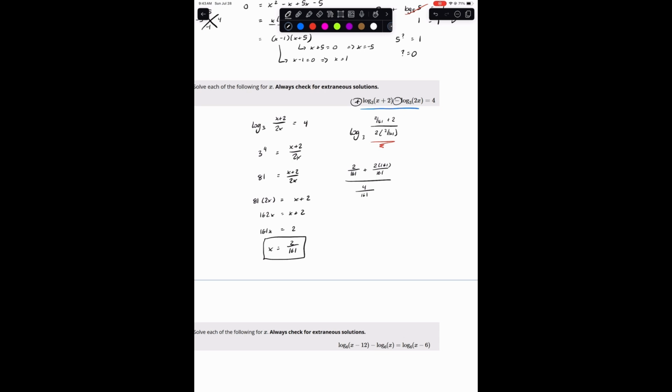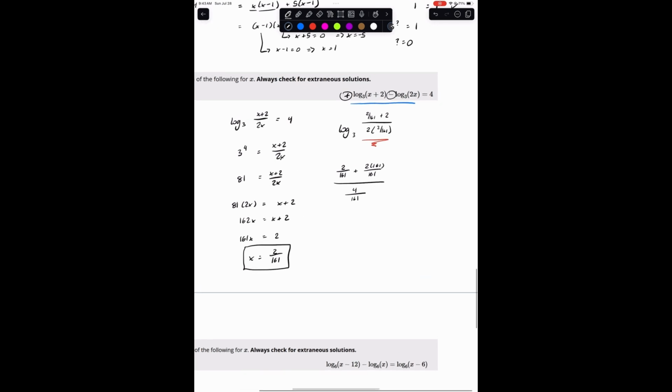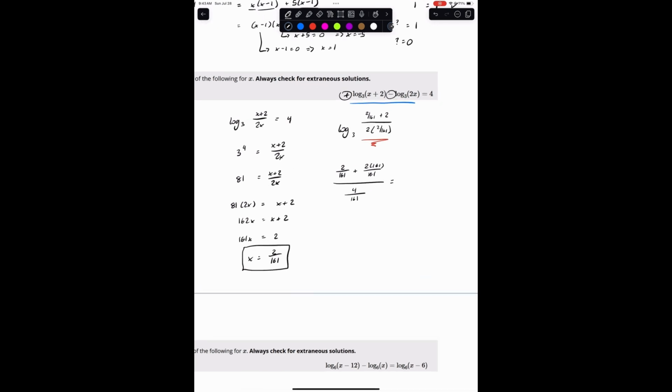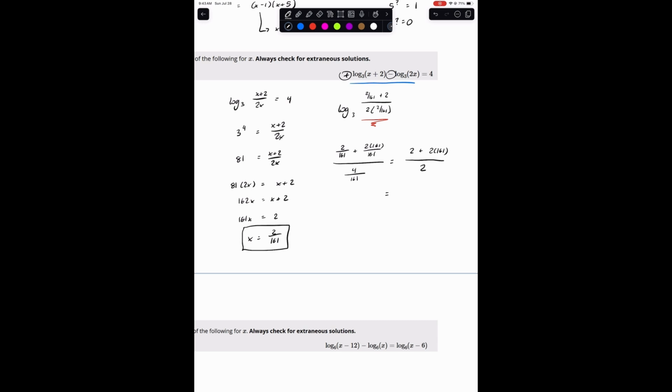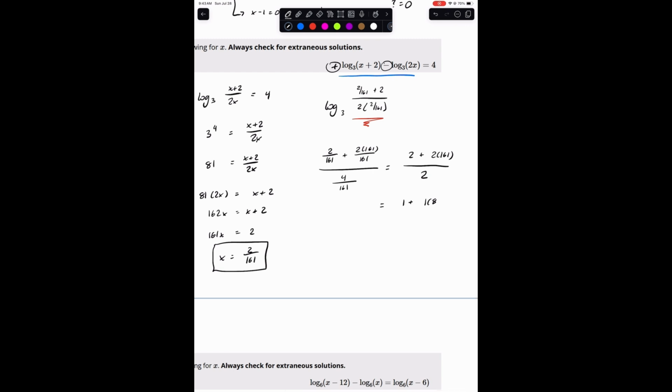We multiply top and bottom by 161, and we get 2 plus 2 times 161 over 4.